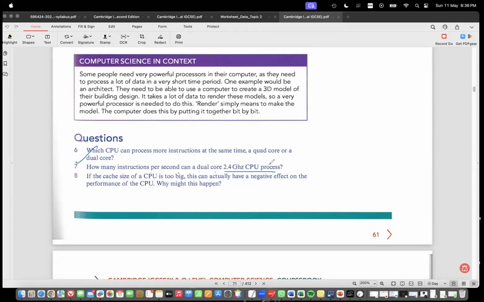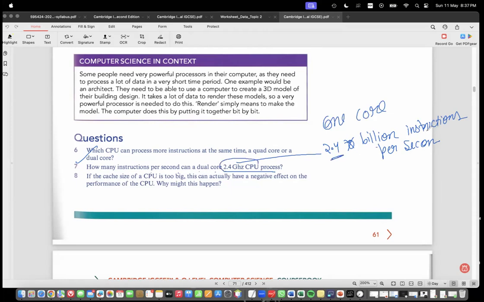How many instructions per second can a dual core 2.4 gigahertz CPU process? So 2.4 gigahertz CPU means 2.4 billion instructions per second. So if you have one core, and the speed is 2.4 gigahertz, it means 2.4 billion instructions can be performed or executed per second.